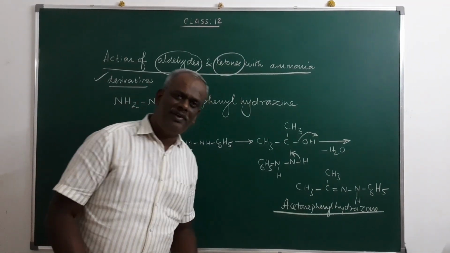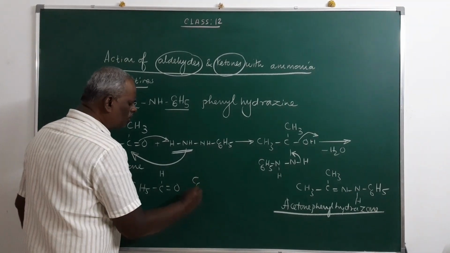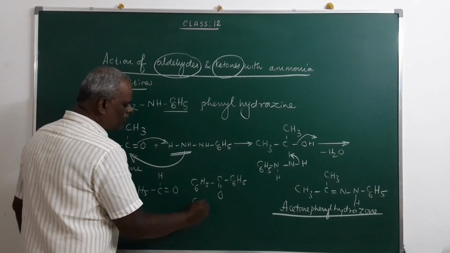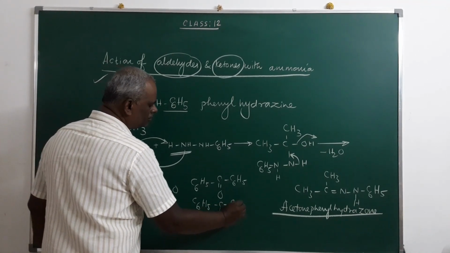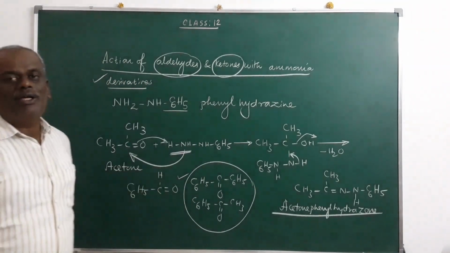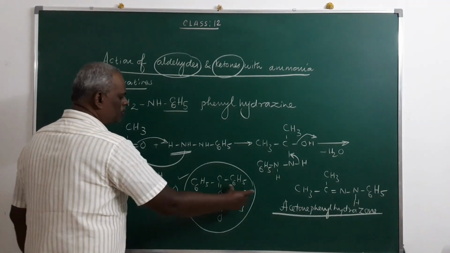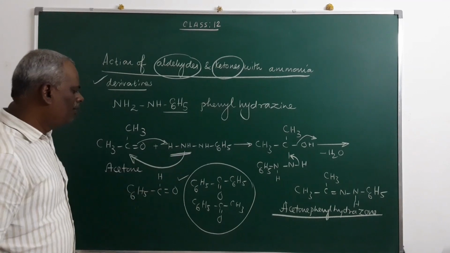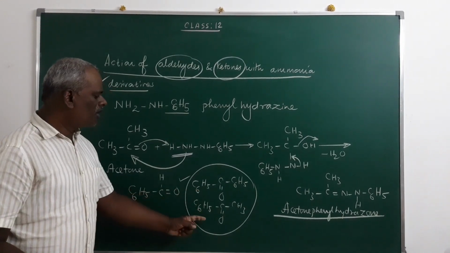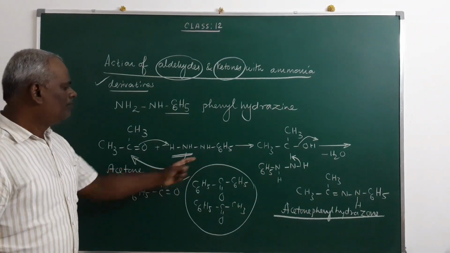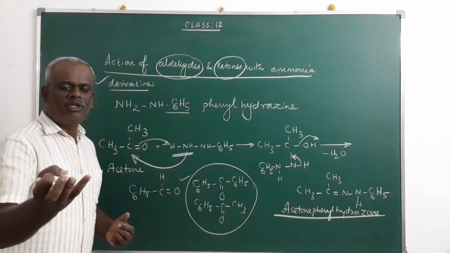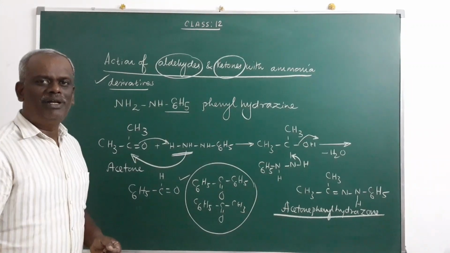Formaldehyde can give formaldehyde phenylhydrazone. But aromatic ketones like diphenyl ketone and acetophenone do not undergo the above given pattern of reaction because there are two bulkier groups which restrict the attack of nucleophile on the carbon, and due to other reasons, these two compounds, benzophenone and acetophenone, do not undergo this type of reaction because they have lesser reactivity compared with formaldehyde, acetaldehyde and benzaldehyde.